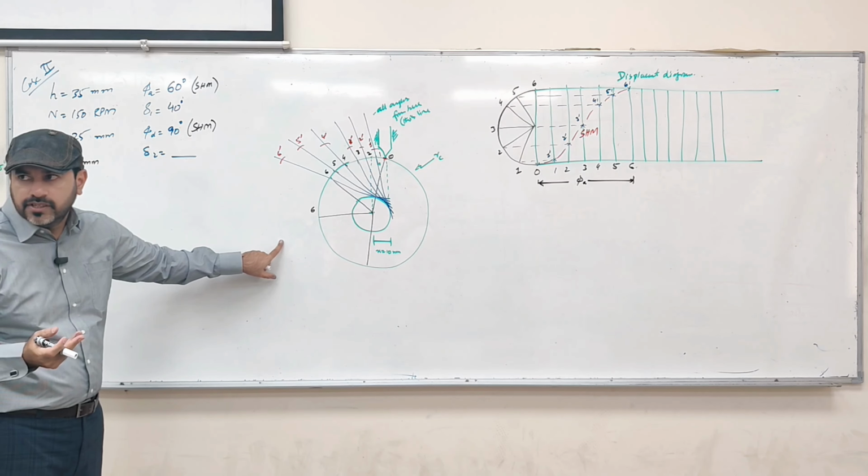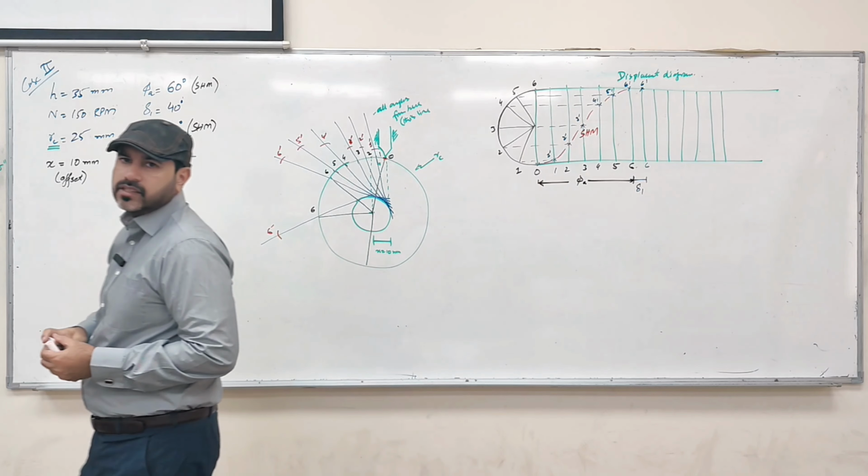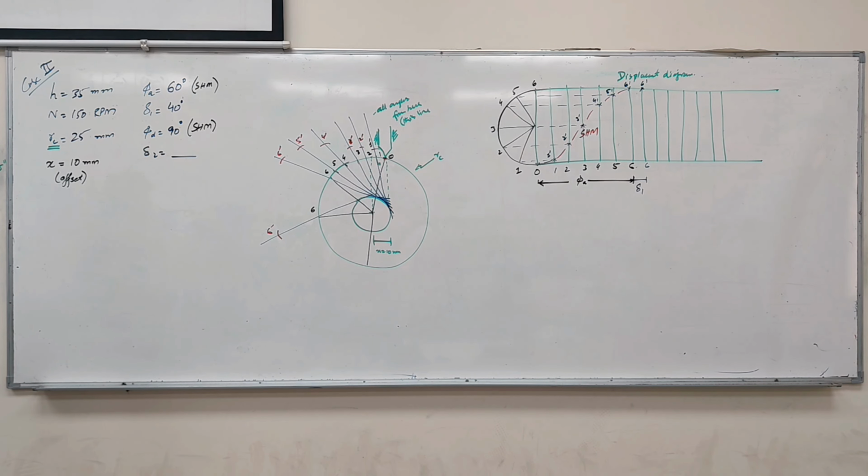Okay, so tangent to this circle, passing through the point 6, and then you have this 6 prime. So we have 6 again, and this one is delta 1, 6 prime again here. Okay, understandable? It's fairly simple. If you understand the way the points are transferred, then the only issue is just to make a tangent passing through this point, which is also not a big deal once you start doing it.